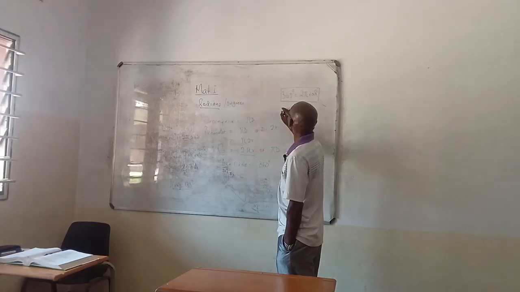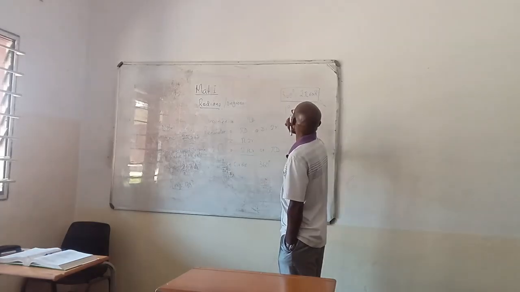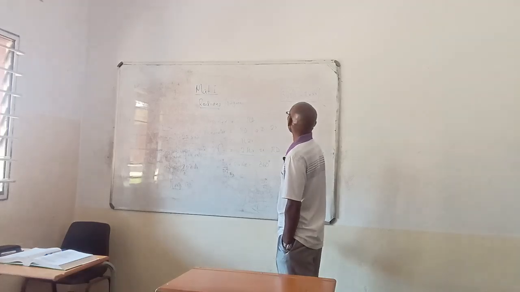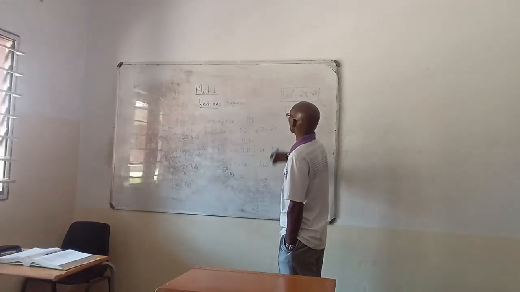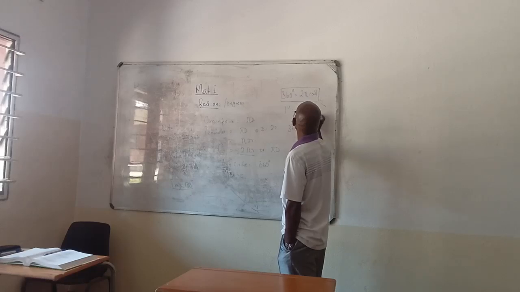What about 1 degree? How many rad is 1 degree? You can calculate. You say 1 degree is going to be 1 over 360 multiplied by 2 pi rad.